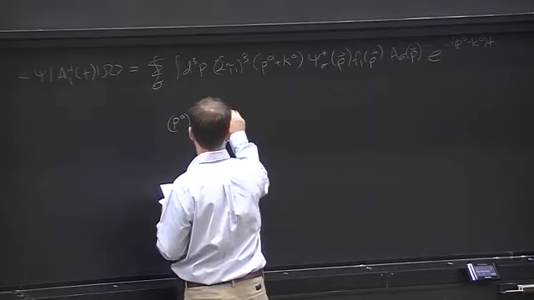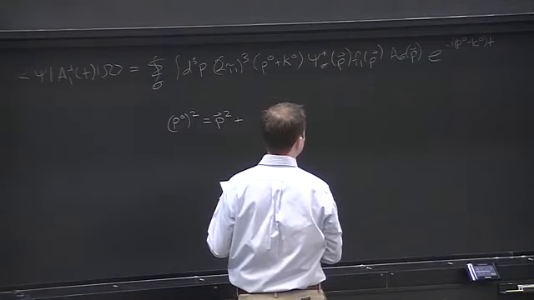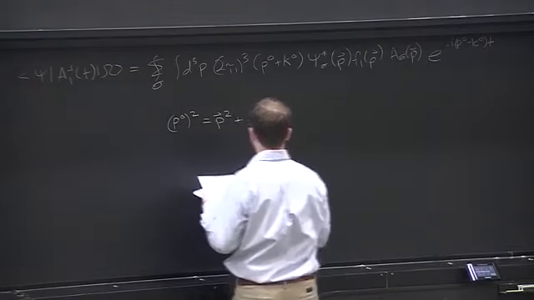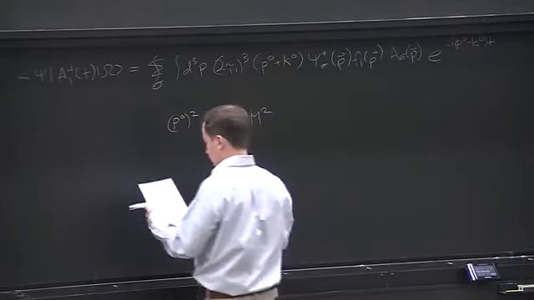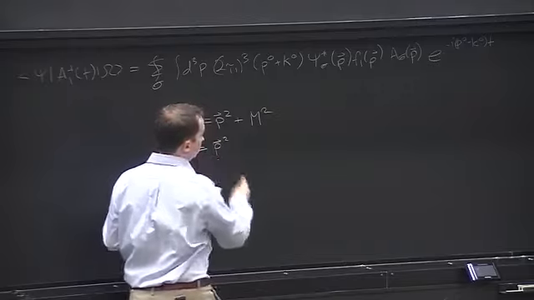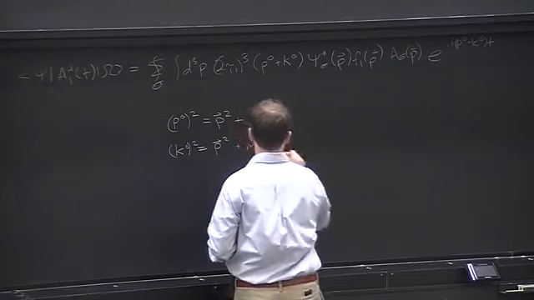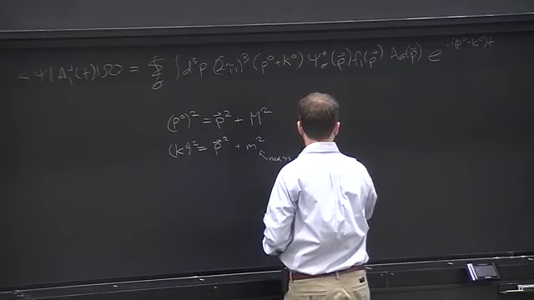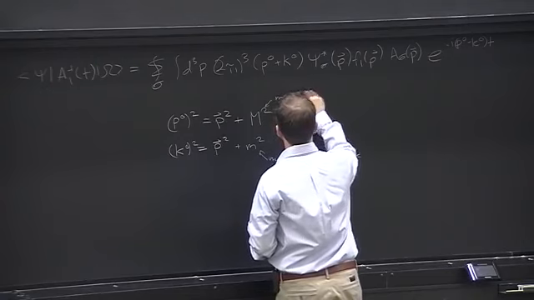You can write that as P squared plus M squared, where M is the invariant mass of that multi-particle state. And similarly, K naught squared is going to be P squared, because we've used the delta function to set P equal to K, plus m squared. So this is the mass of the one particle state, and this is the mass of the multi-particle state.